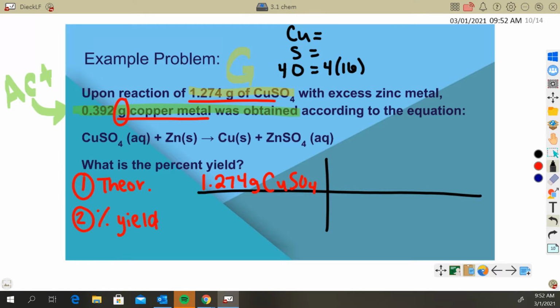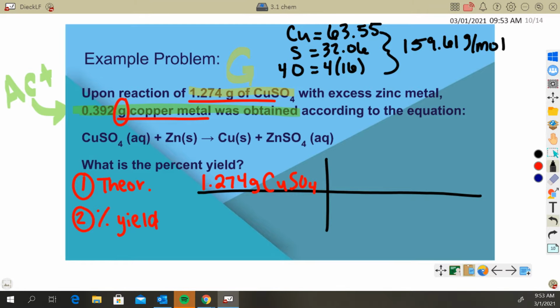Copper has a molar mass of 63.55. Sulfur has a molar mass of 32.06. So we're going to add these together. And that gives us 159.61 grams per mole.